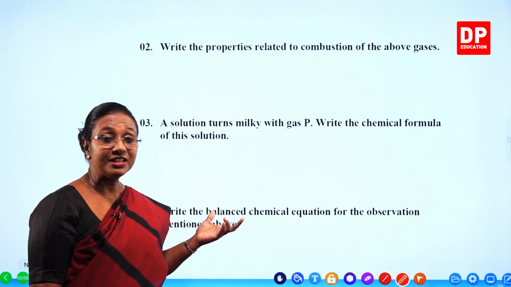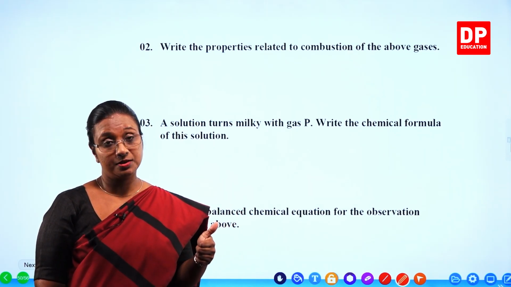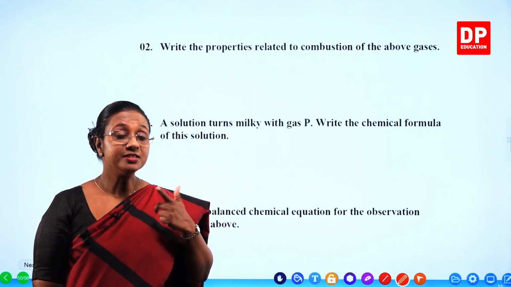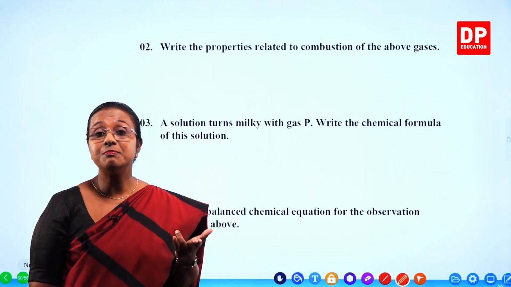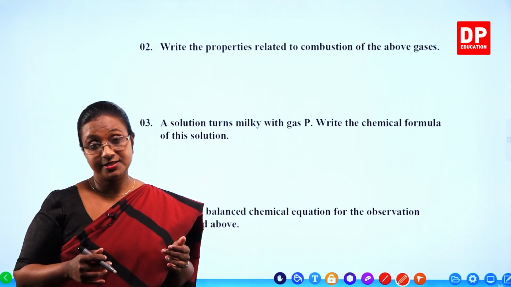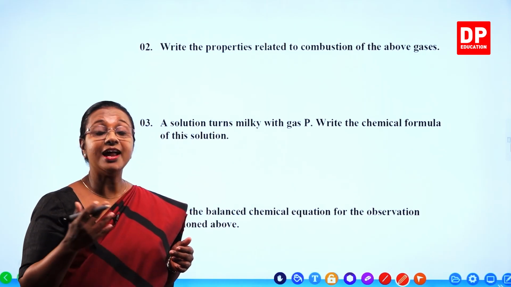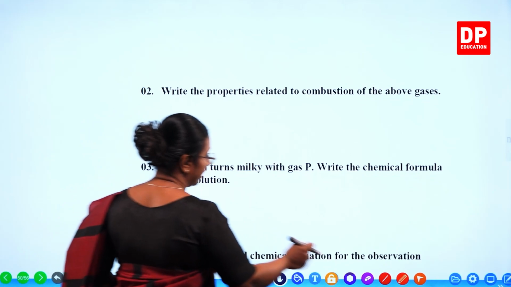So I discussed that with the questions also. Carbon dioxide, non-supporter of combustion. Oxygen, supporter of combustion, and hydrogen, it is a combustible gas. That's why we use it as the fuel in rockets as well. It is a light gas, at the same time it is combustible. So that is what you need to write here.